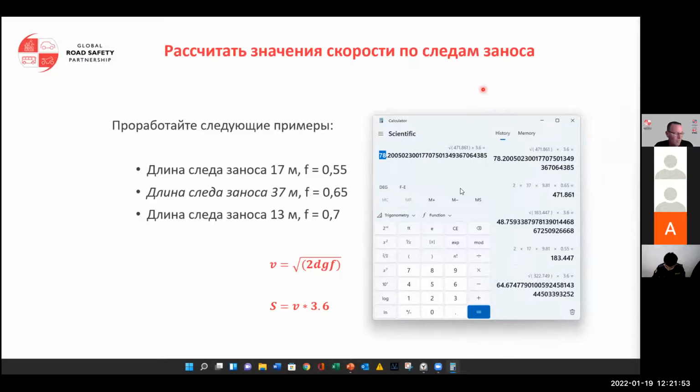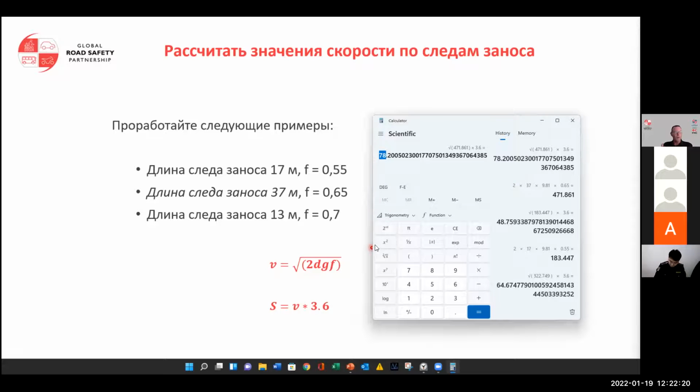Yes, awesome. So for that circumstance, the vehicle leaves you 37 meters of visible, measurable skid mark. You've done skid tests, you know that the surface drag is 0.65. What you can say is the minimum speed for that vehicle at the start of skidding was 78 kilometers per hour. That's all the equation is.